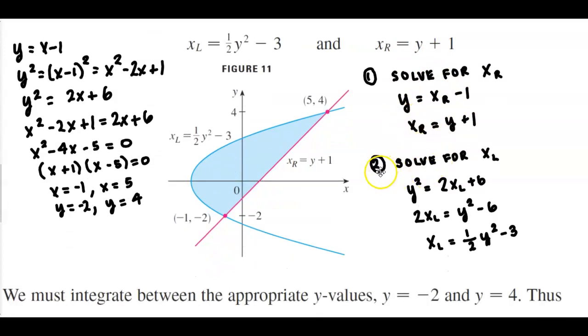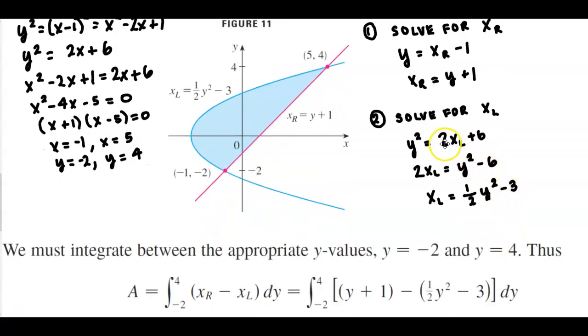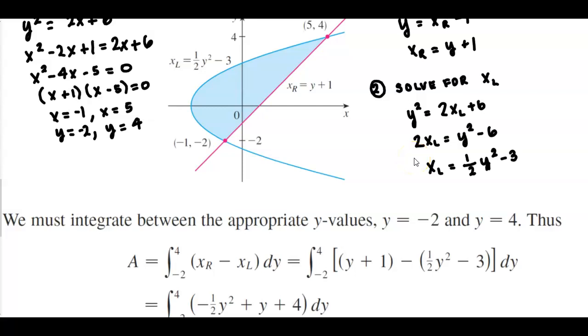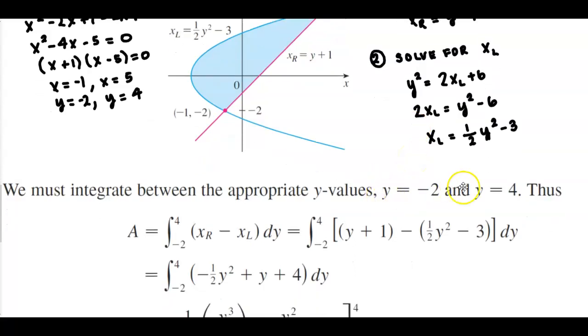And then for the parabola, we're going to solve for x subscript l. So y squared is equal to 2 x subscript l plus 6, solving for x subscript l, which results in 1/2 y squared minus 3. So now we know what our functions look like, and we also know what our upper and lower limits are in terms of y.